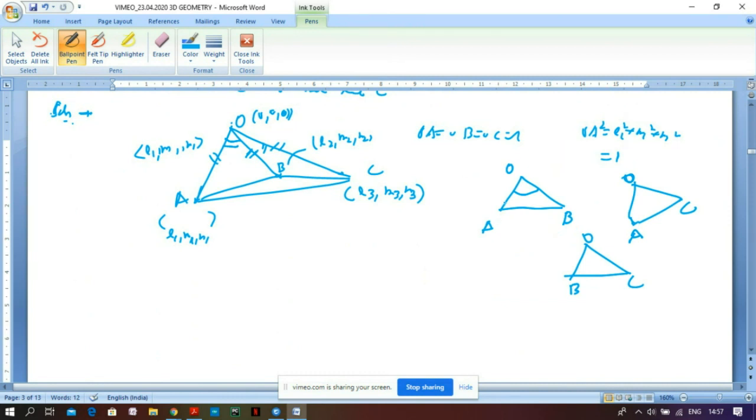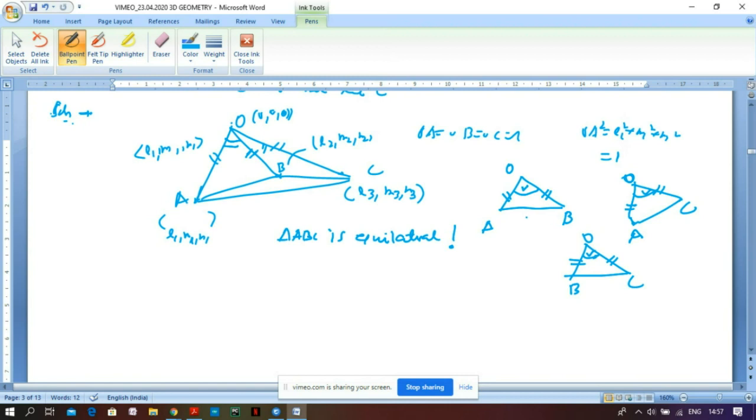We are just drawing the triangles OAB, then OBC and OCA, to emphasize that these are equal lengths, these are equal lengths, these are equal lengths, and each angle is the same. It means AB equals BC equals CA. It means triangle ABC is equilateral. We got our first good observation that this triangle is equilateral.